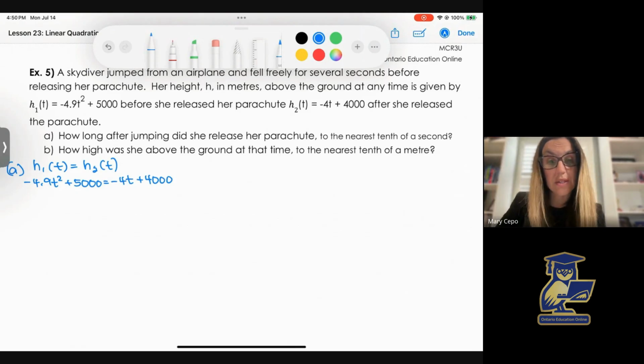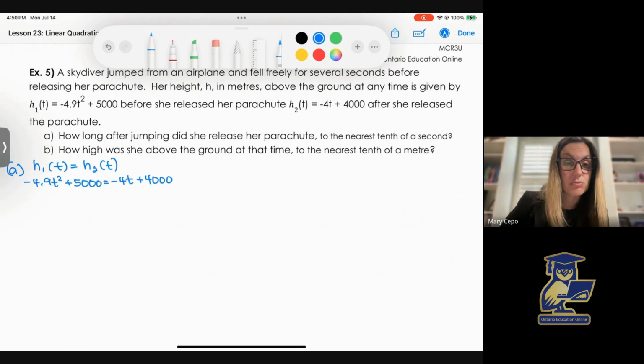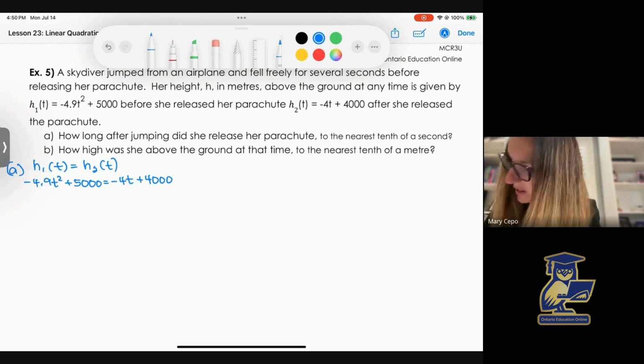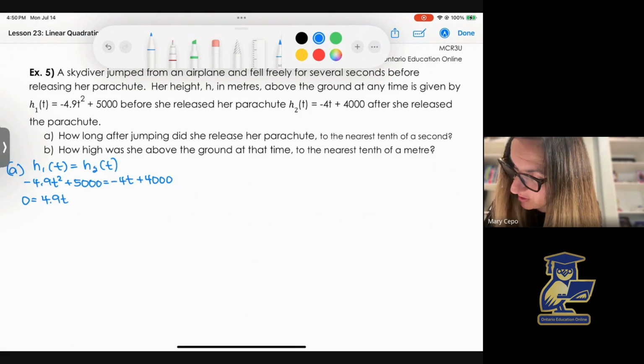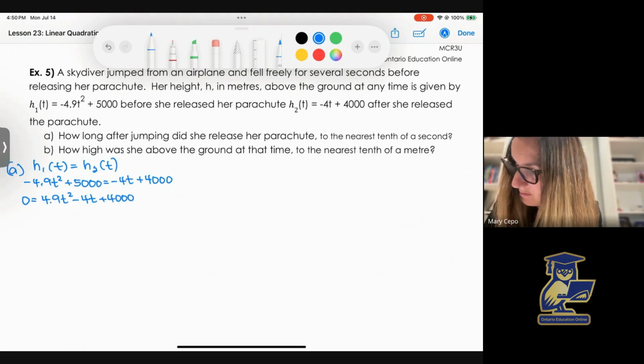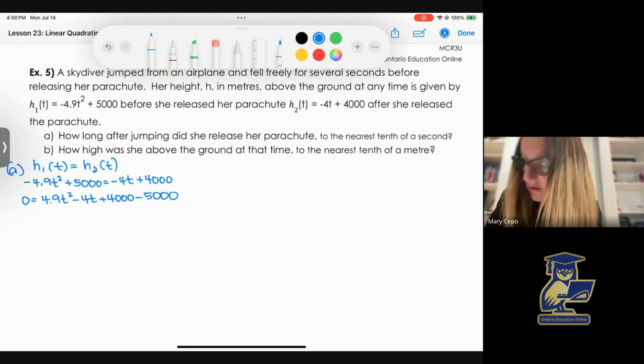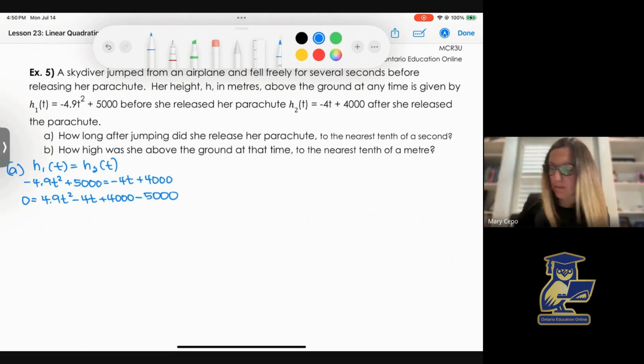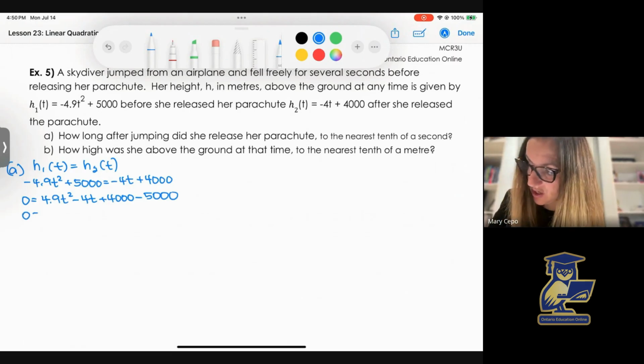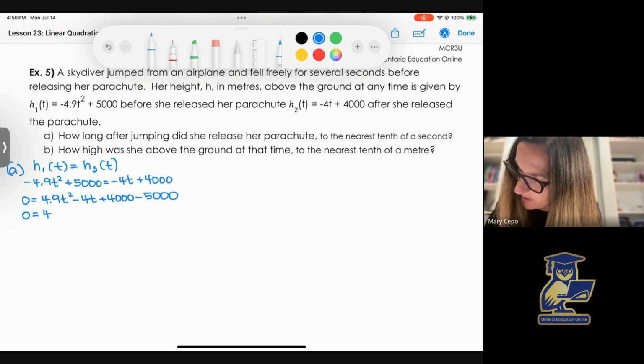Again, I always like for the a value to be positive, so I'm going to move everything over to the right. So 0 is going to equal 4.9t squared, always in decreasing order, of course, minus 4t, plus 4,000 minus 5,000. Again, reminder, when you bring something from one side of the equation to the other, change the operation. To simplify, we have 4.9t squared minus 4t minus 1,000.